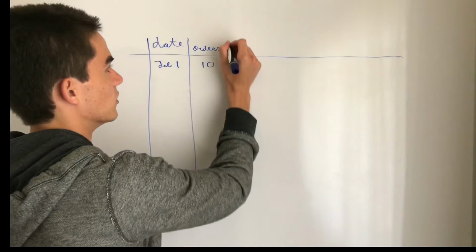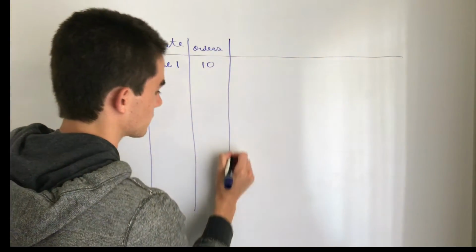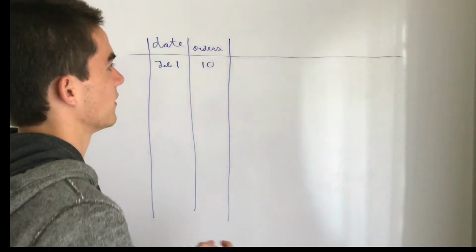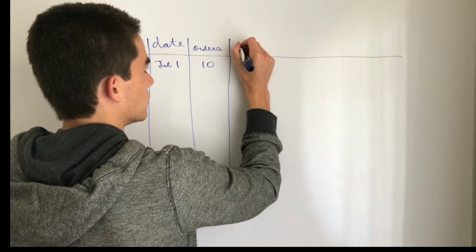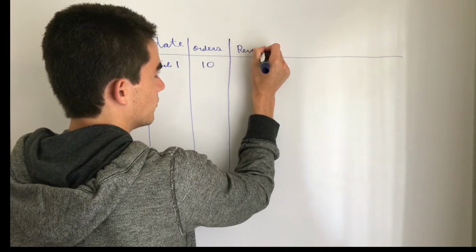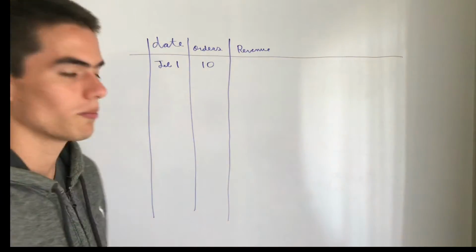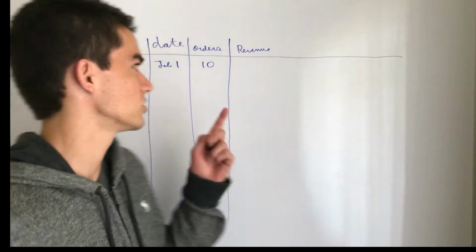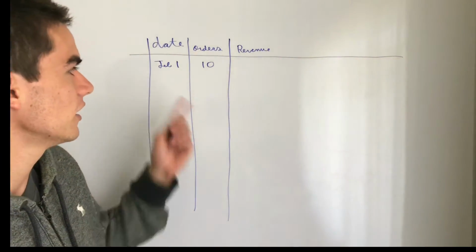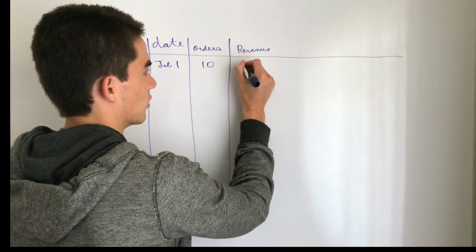Now the next column will be the revenue. I'm gonna put revenue, and this is just how much my Shopify store generated that specific day. How much did it generate on February the 1st? Let's say it generated $100.